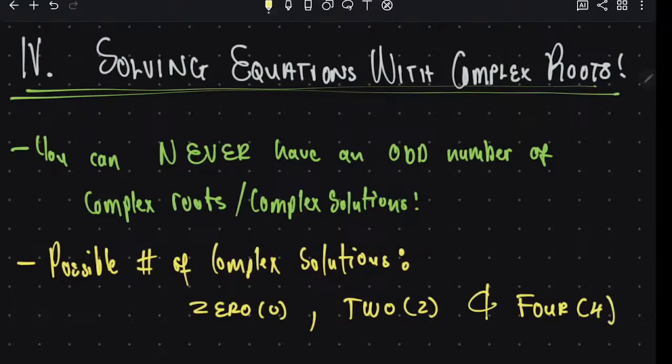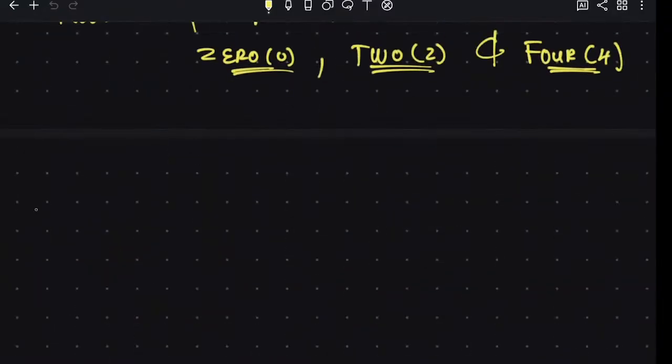You can have 0 complex solutions. You can have 2 complex solutions. Or you can have 4 complex solutions in an equation.